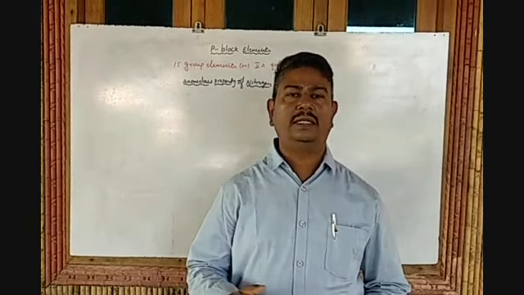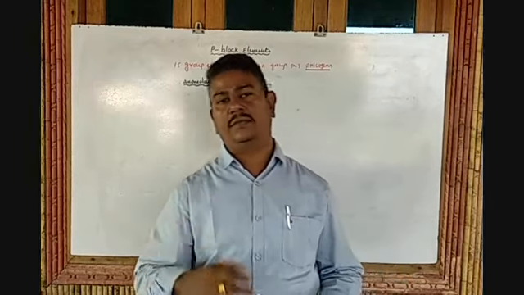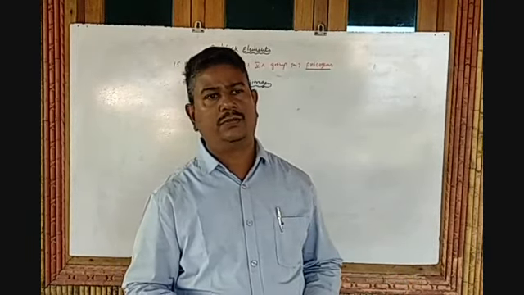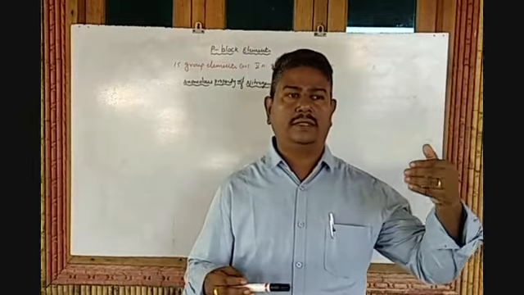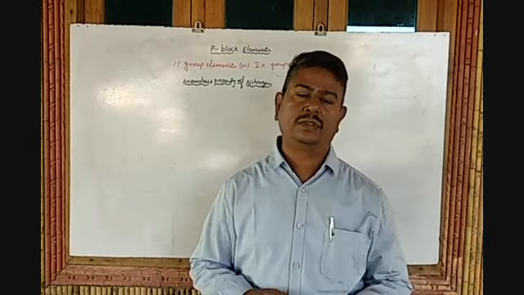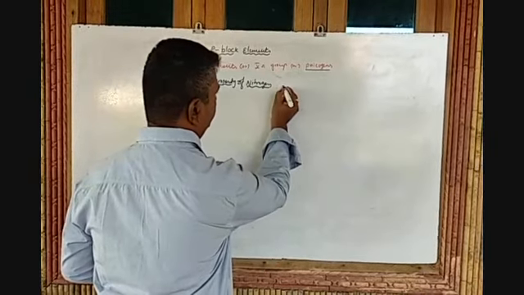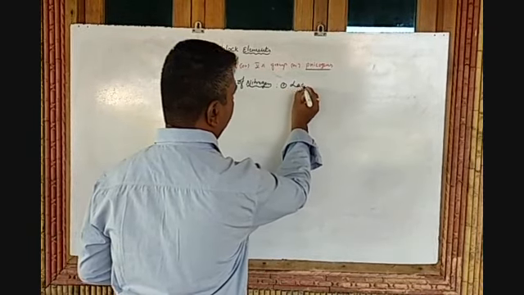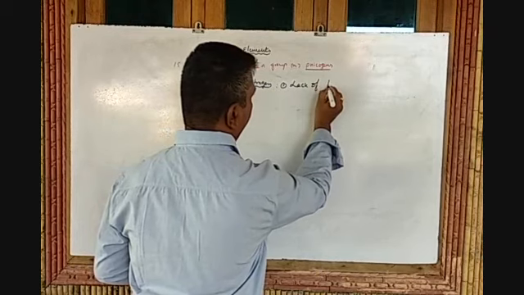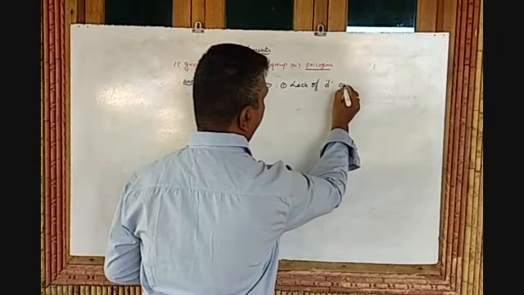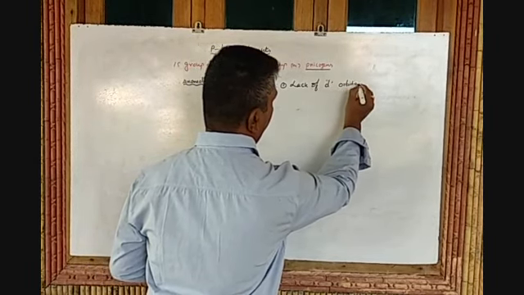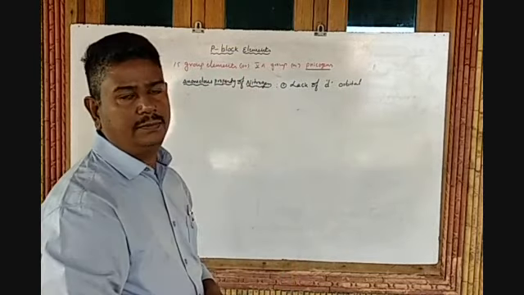Now, anomalous properties of nitrogen. Anomalous means different from the rest of the other elements. So what are the differences of nitrogen from other elements? The first one is lack of d orbitals.